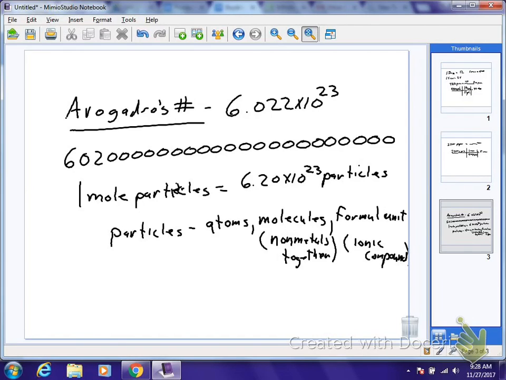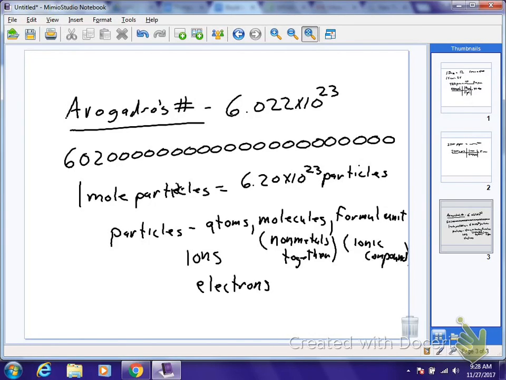You realize that's what you have to state for that. And then also we could have ions in there too. So atoms, molecules, formula units, ions. We could actually have electrons. We can also count electrons. Okay? So those would be all what we do with particles.